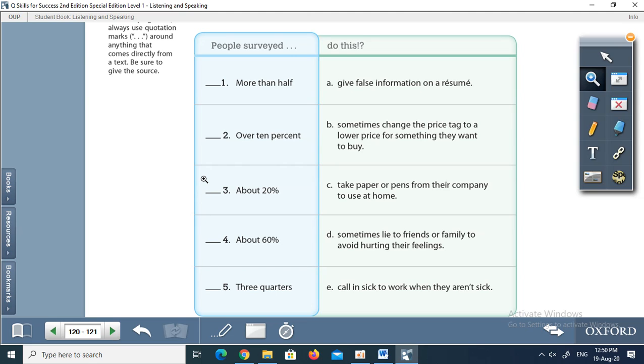All right, I'm going to do it once more if you didn't get all the answers the first time. So it gives you the chance to do it a second time. Okay, so number 1, more than half take paper or pens from their company to use at home.